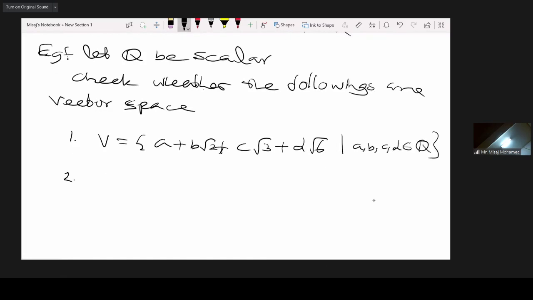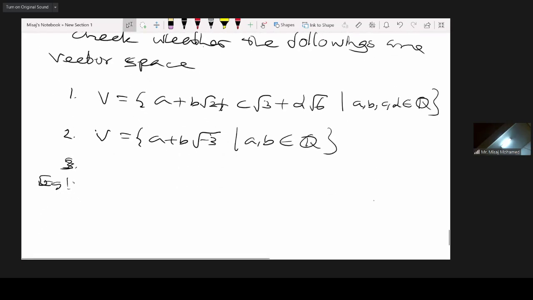The second one is a plus b square root minus 3. And the third one is another example. Let R be the scalar here.